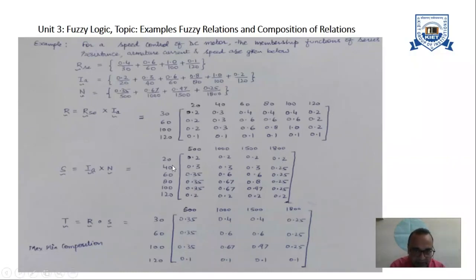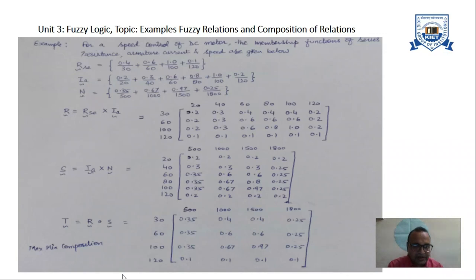In this way, I am making a Cartesian product of two domains: one is I, the ampere current, and another domain is RPM. Once that Cartesian product has been established, we can say that we have established a fuzzy relationship among these two fuzzy sets.